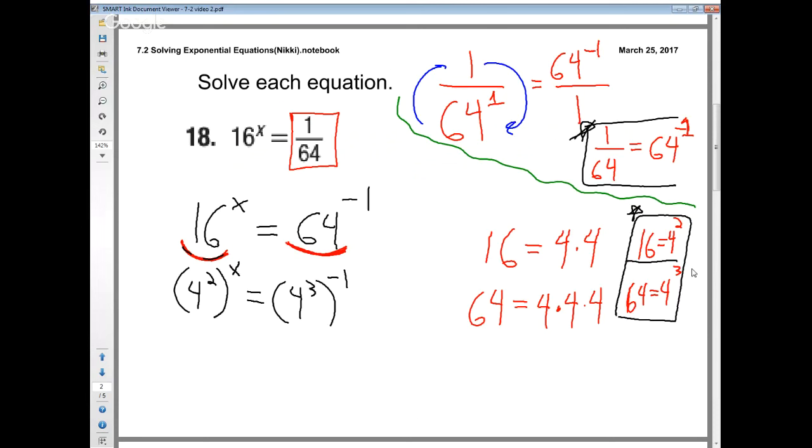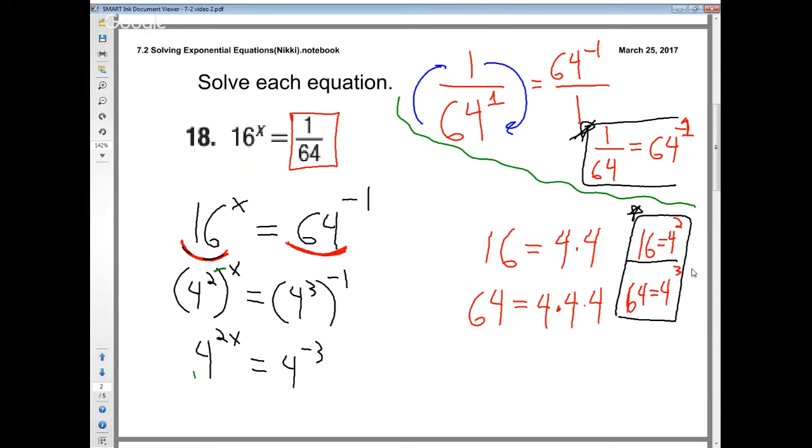All right, so then from here, let's go ahead and multiply the powers for each one of these. We multiply 2 times x, that will give us 2x for the first part. And then we got to multiply 3 times negative 1, which will give us negative 3 as the second power.